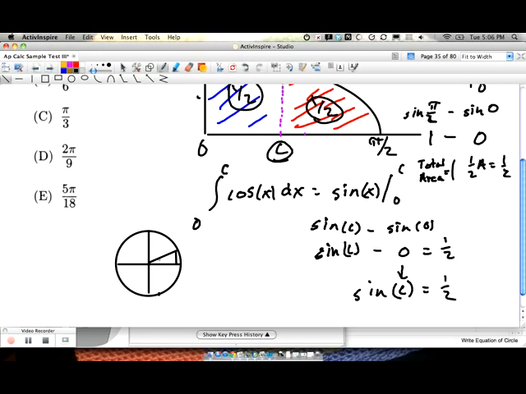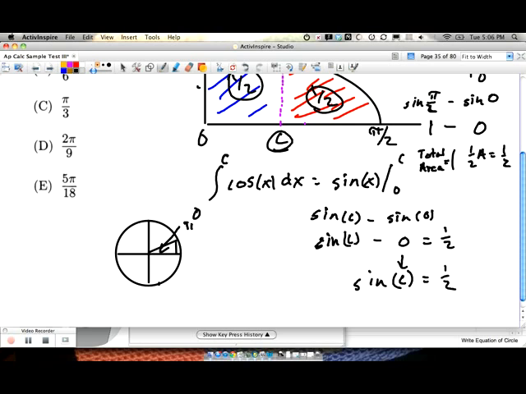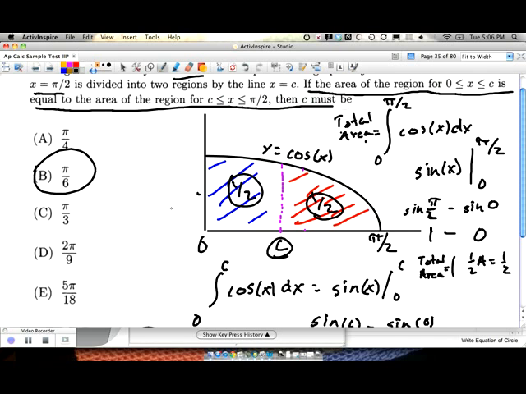We have a short leg and a long leg, meaning this angle in here is 30 degrees. If that's 30 degrees, in radians that's pi over 6. So sine of pi over 6 equals 1/2. That must mean that pi over 6 equals c. Booyah.